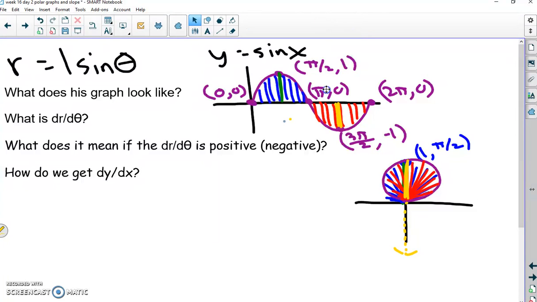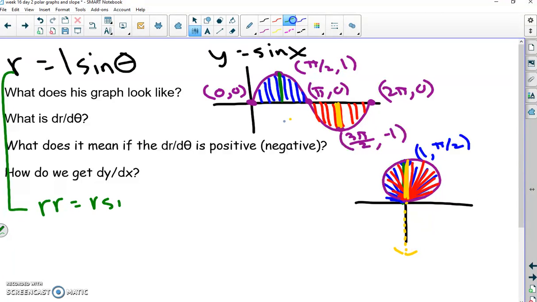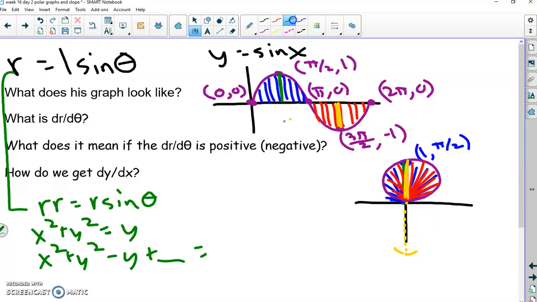What's the other way you did as a warm-up? You did this one in a warm-up. Could you also try r times r equals r sine theta, x squared plus y squared equals y, x squared plus y squared minus y plus blank equals blank. Half of negative 1 squared is 1 over 4, and now I got x squared plus (y minus 1/2) squared equals 1/4.